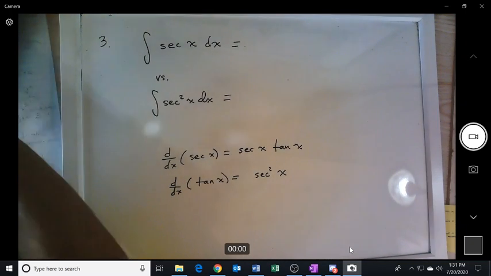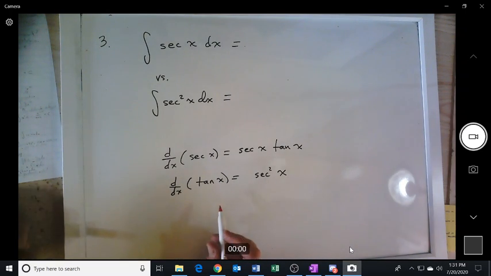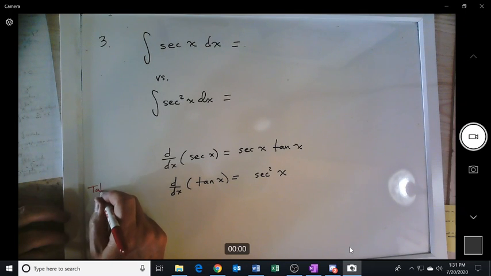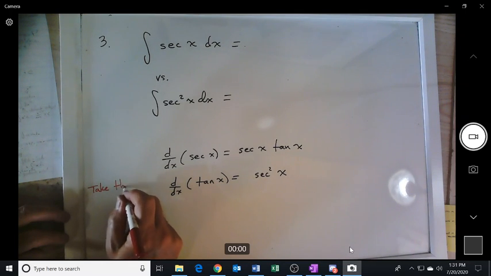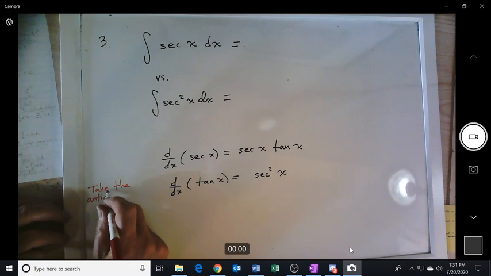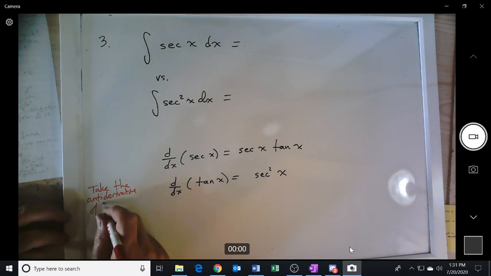Now, why is this going to help us out? When we're trying to find an antiderivative rule, what we do is something like this, and we take the antiderivative of both sides.